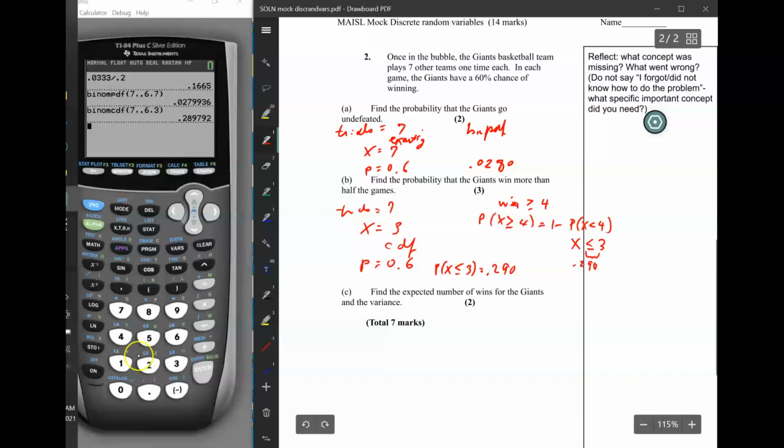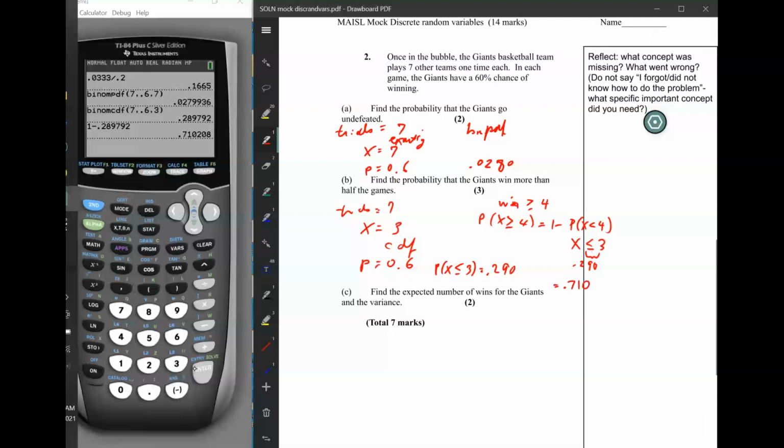So it'll be 1 minus 0.290, which is 0.710. So there's a 0.710 chance of winning more than half the games.